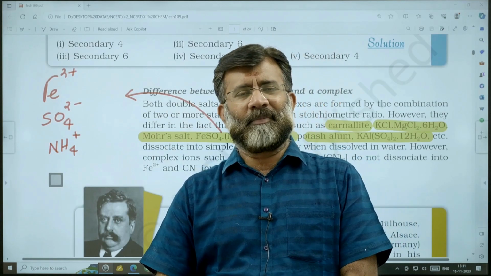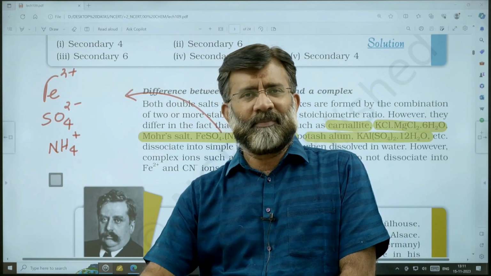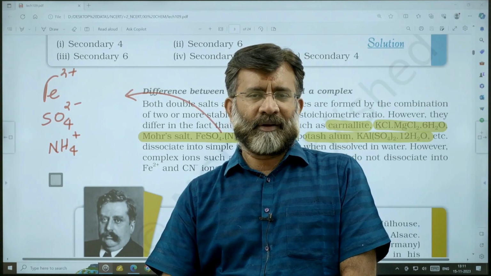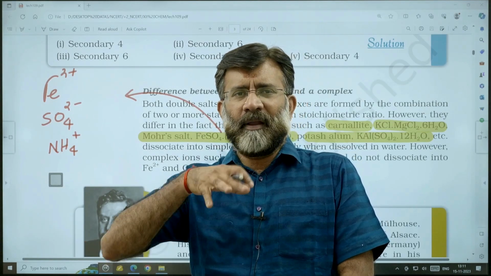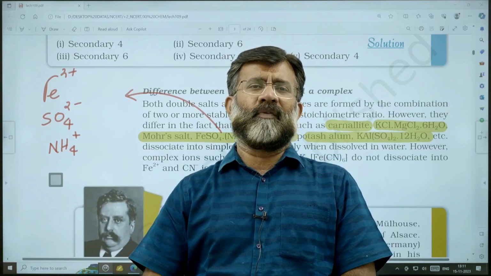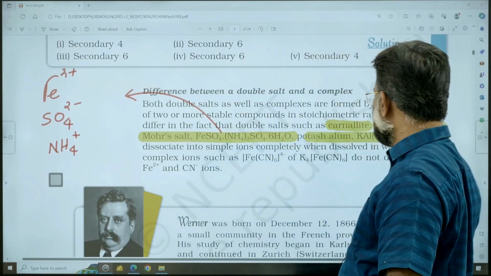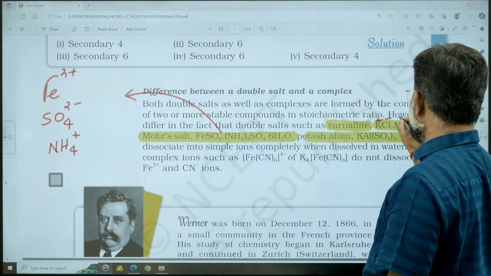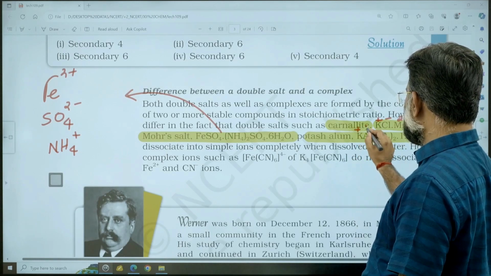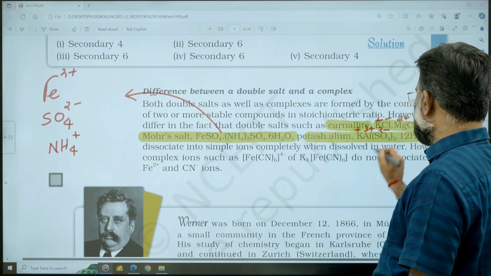There is no complexity. Fe2+ simple ion, ammonium simple ion, sulfate simple ion. So simple ions are obtained when the compound is dissolved in water. What about carnallite? You get K+, Cl-, Mg2+. What about potash alum? You get K+, aluminium 3+ and sulfate.